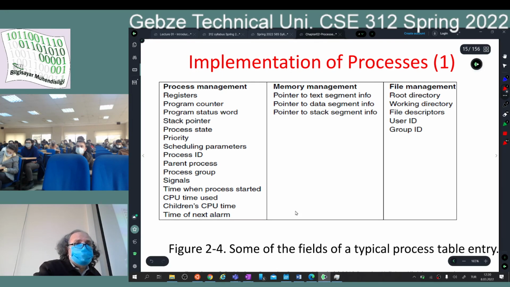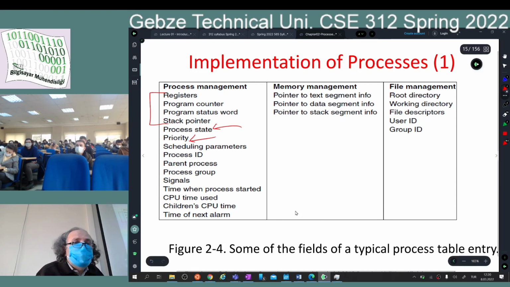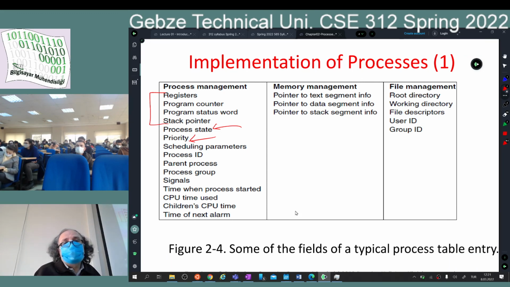My registers, my program counter, my PSW, stack pointer, well, these are all actually registers. My process state: am I ready? Am I blocked? Am I running? Those are the process states. My priority. There are some processes more important than the other processes, right? For example, some system processes, they have to be run immediately. They have to be quick, so their priorities are high.